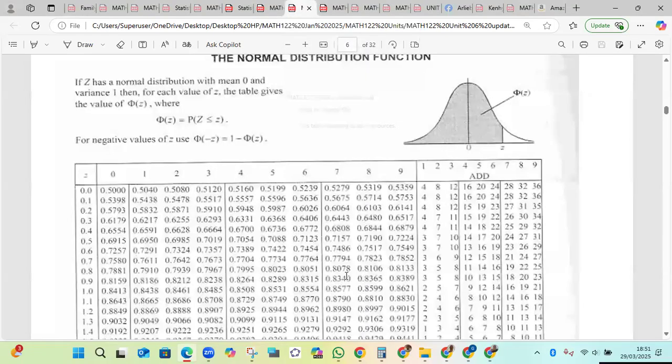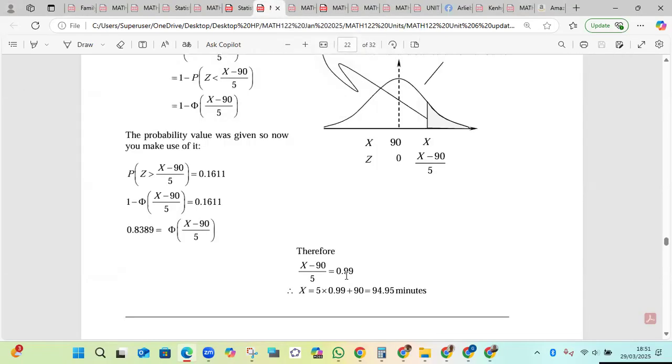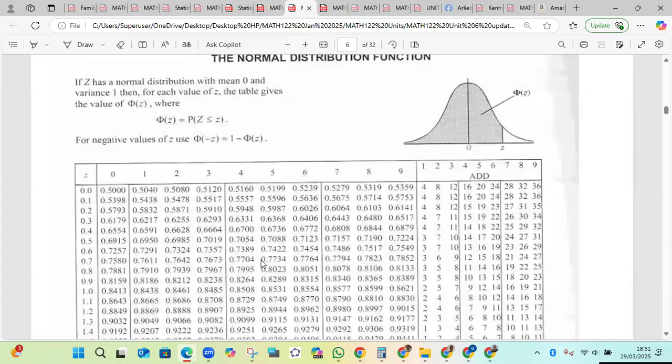Okay, here it is. You go look for 0.8389, here it is. The Z will be 0.99 for probability value of 0.8389.